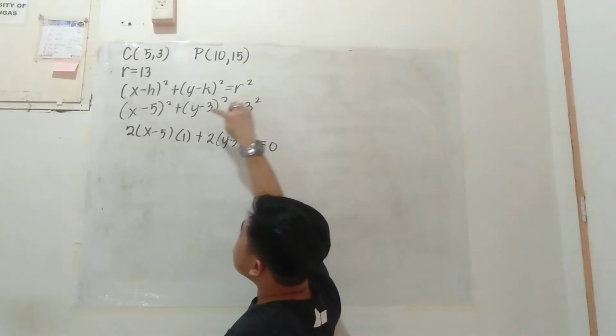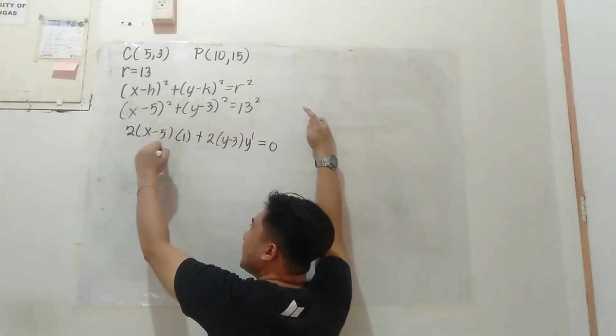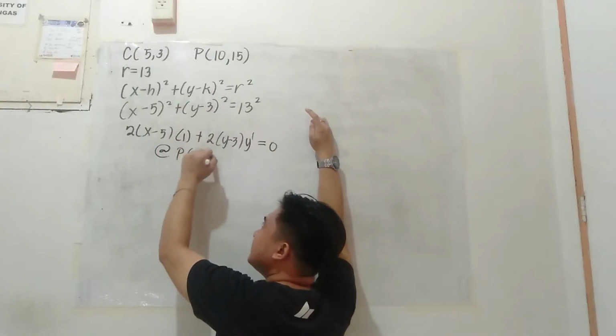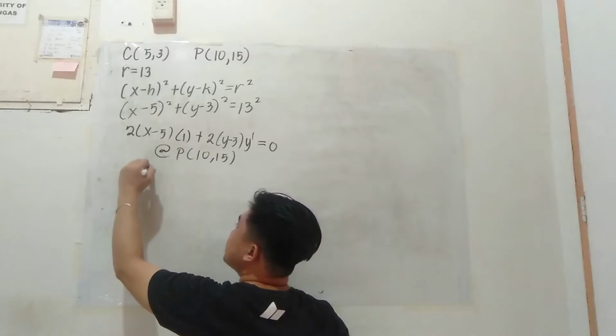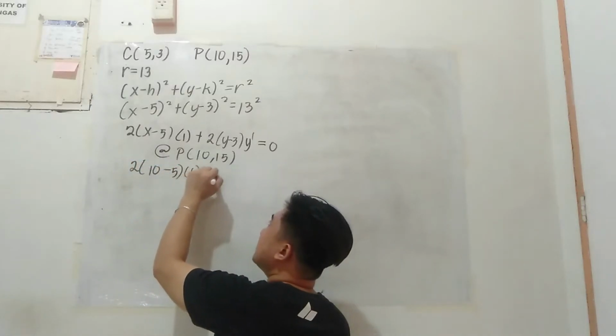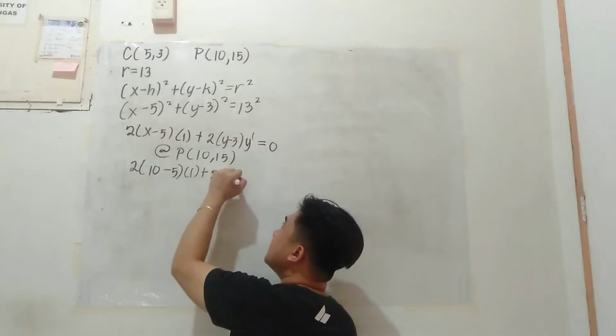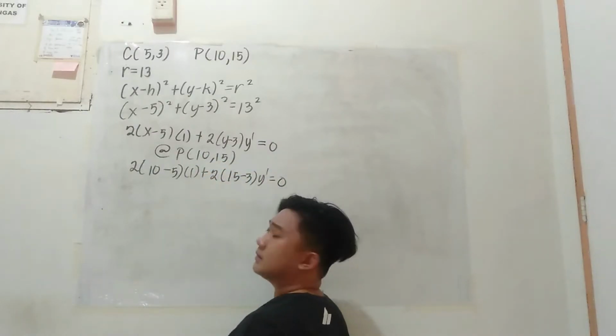Okay? Yan daw circle na yan ay nadaan dun sa point 10, 15. So, i-evaluate ko yan at point 10, 15. Okay? So, 2 times 10 minus 5 times 1 plus 2 times 15 minus 3 times y prime equals 0.